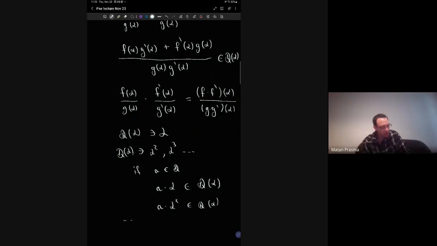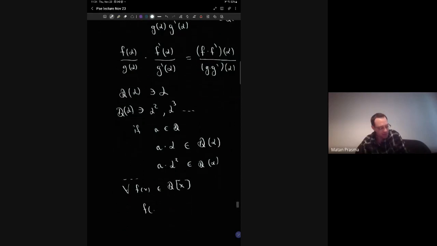So all in all, for every polynomial f over the rational numbers, if I plug in alpha, f of alpha must be an element in Q of alpha.